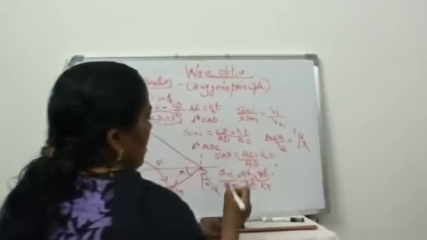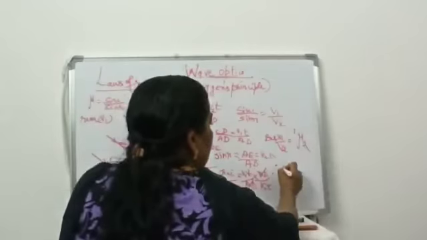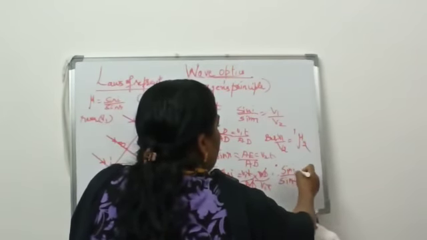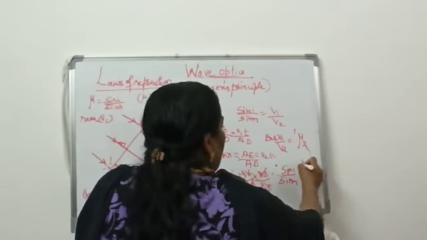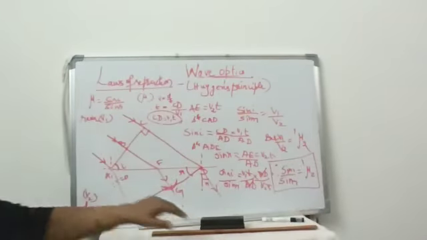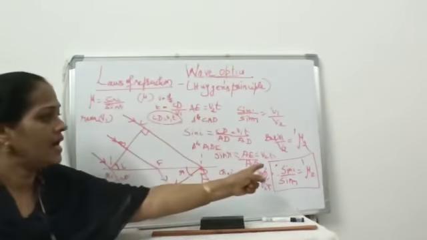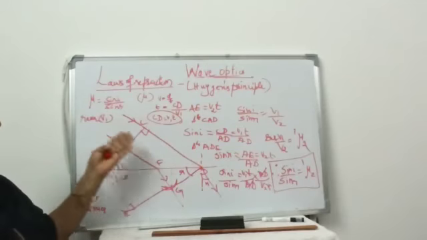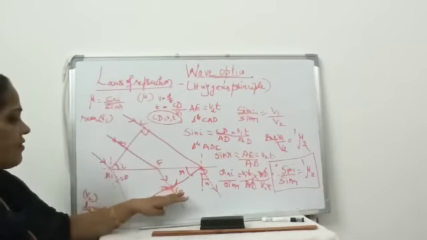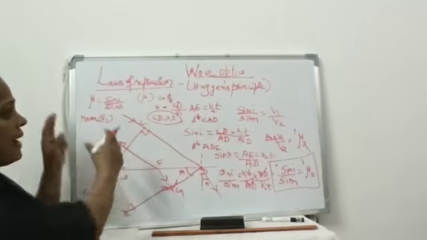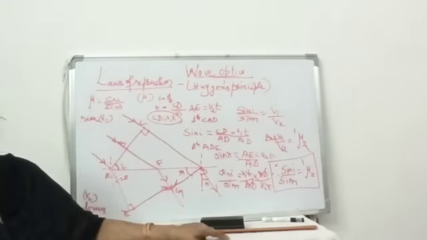Therefore, sin i by sin r is equal to mu, which means we have proved Snell's law. So using Huygens' principle, we have proved sin i by sin r equals mu, and from this figure, the incident wavefront, the refracted wavefront and the normal all lie in the same plane, that is, the plane of this board.